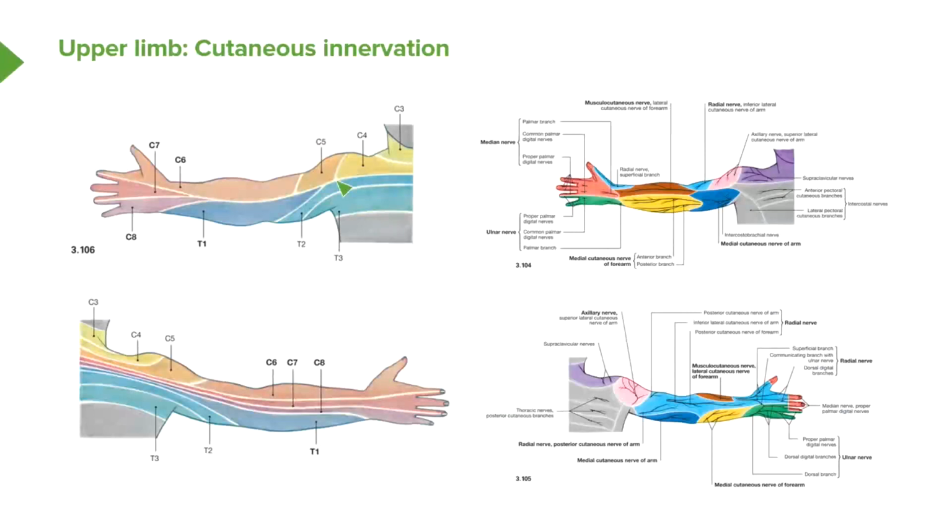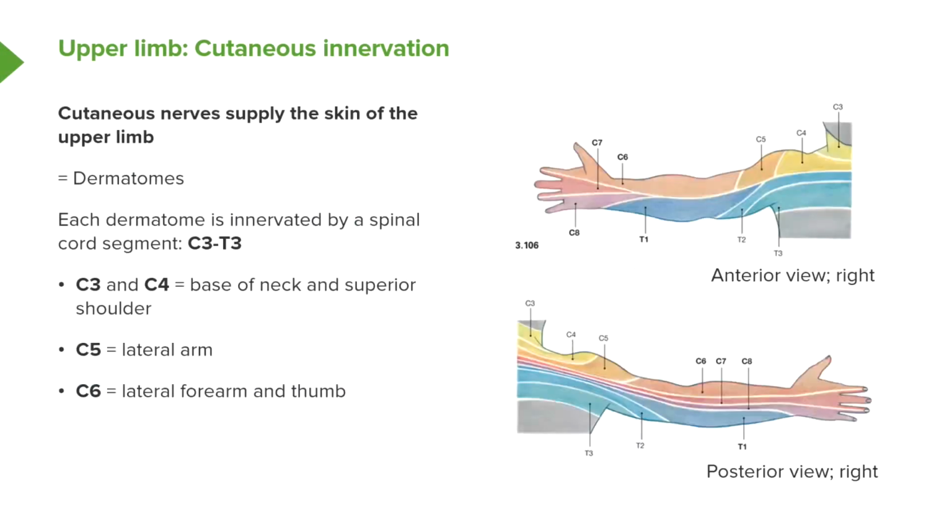So, for example, we can see here the cutaneous innervation of the upper limb, with an anterior view of the right and a posterior view of the right. The upper limb has a nerve supply from the C3, C4, C5, C6, C7, C8 cervical spinal cord segments.